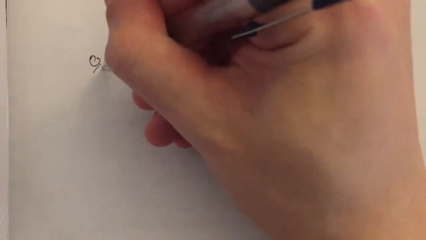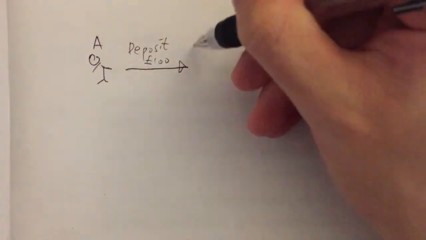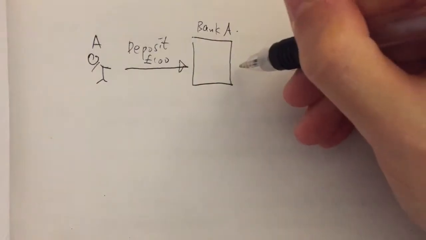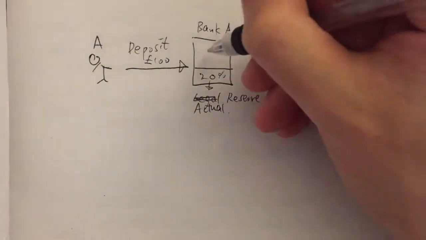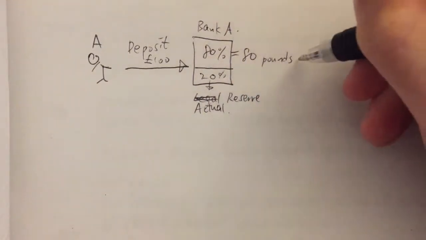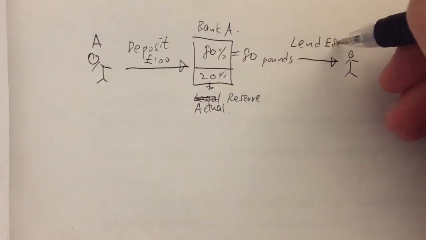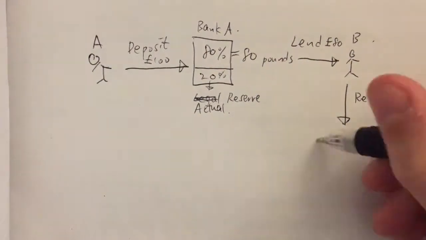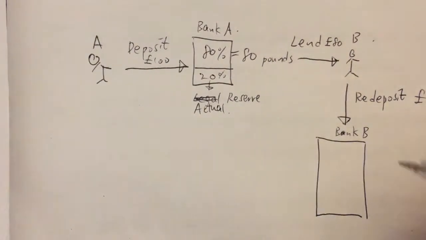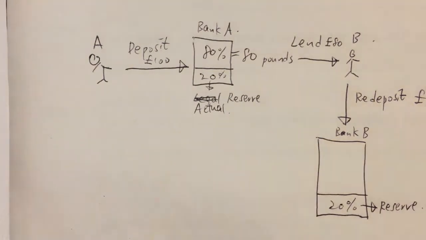So going back to the deposit creation process. When you deposit £100, the bank will keep only the required reserve in theory, say £20. Then it will lend out the rest, which is £80. We assume the borrowers will deposit the loan into the banks, or maybe other banks. Suppose B is the recipient of this loan.